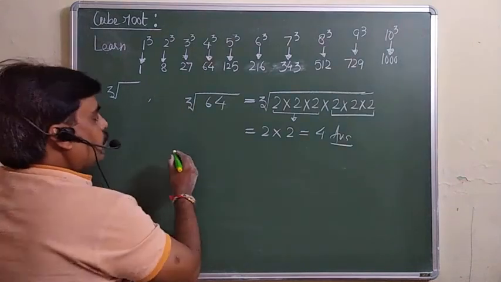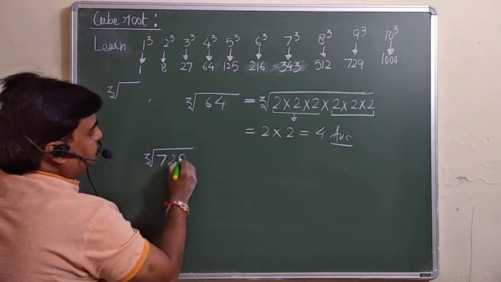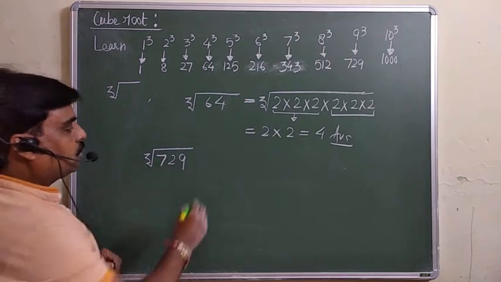Similarly, take another number; for instance, you want to find the cube root of 729. You are supposed to do the factorization of this.